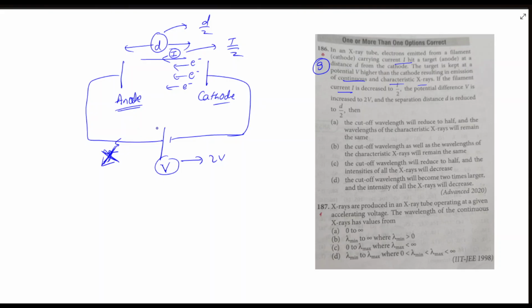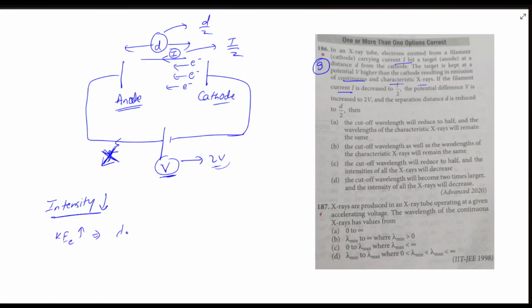Now look, if the current decreases, that means the number of electrons reaching the anode decreases. So intensity will definitely decrease. Now this potential difference becomes 2V, so the kinetic energy of electrons increases.